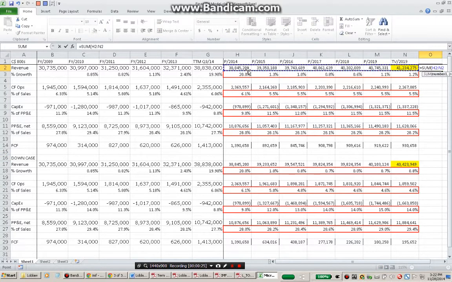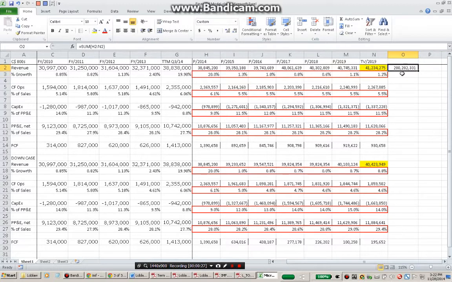And we still haven't done our terminal value. So the difference is, okay, we've removed $2.5 billion worth of sales. However, we still need to do our terminal growth rate, which will really change things quite a bit.